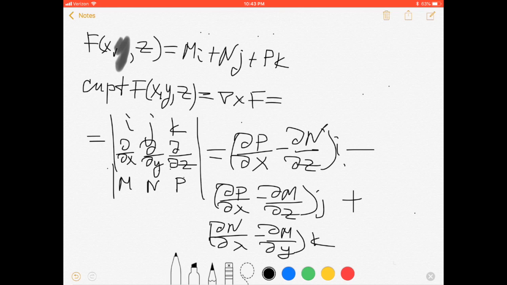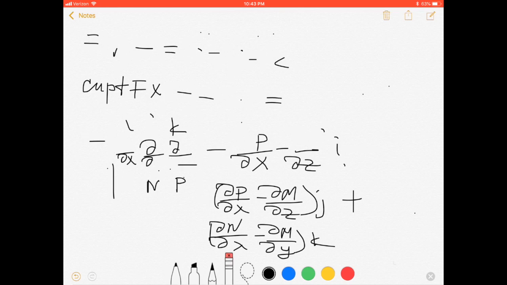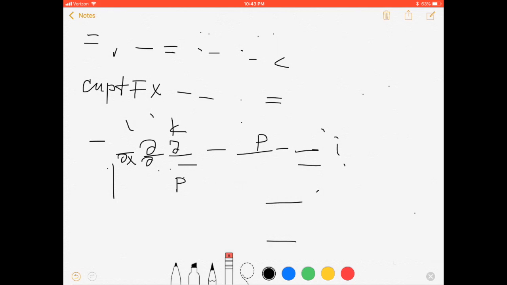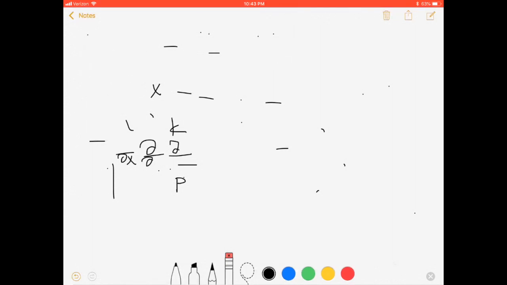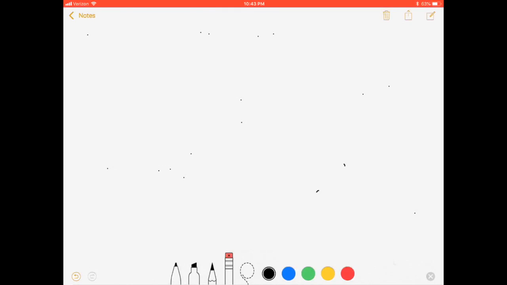Solving two more examples. Here we have question 44 from your book.